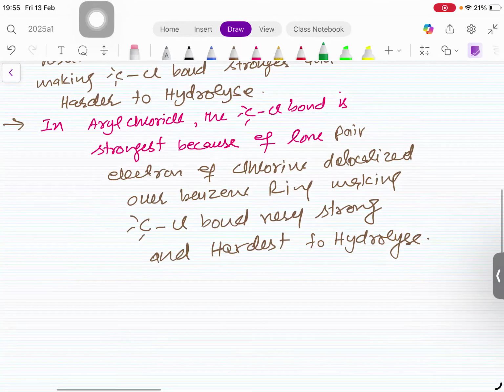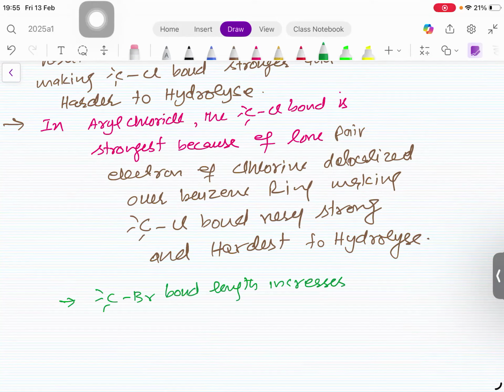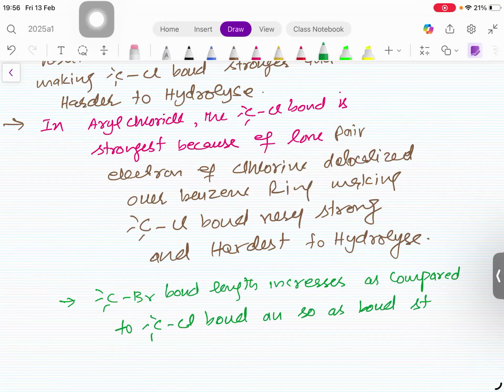So in the last, the C-Br bond length increases as compared to C-Cl bond, and so bond strength decreases, making it easiest to hydrolyze.